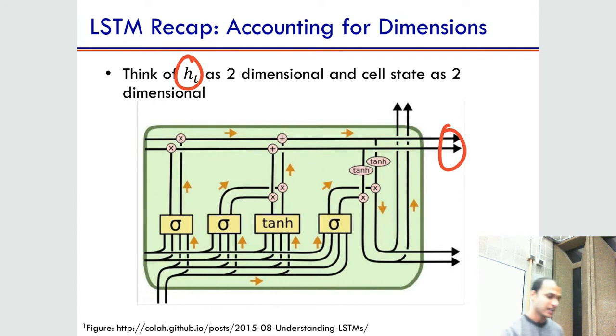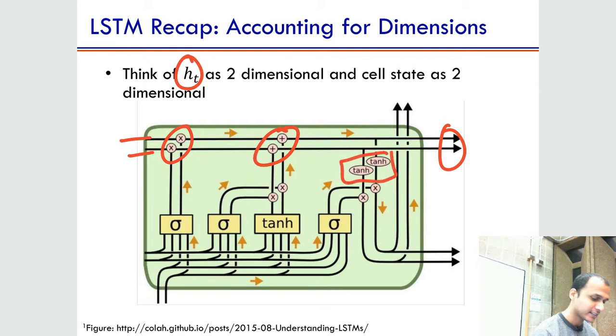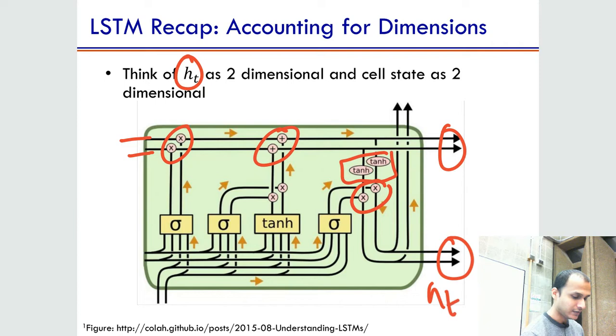For example, there are 2 lines as input, so 2 numbers as input. Both numbers are getting multiplied by numbers between 0 and 1 to forget. Both numbers are getting added with some new numbers to remember some new information, and then both numbers are getting renormalized to a scale between 0 and 1, again getting multiplied by numbers between 0 and 1 for the output filtering, and then you have ht, which is again 2 dimensions.